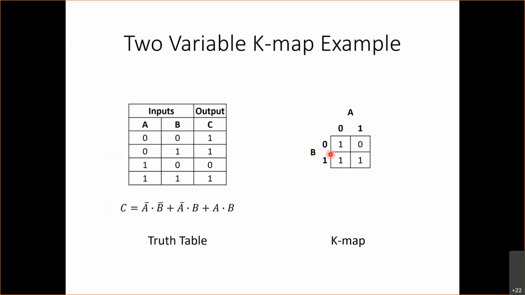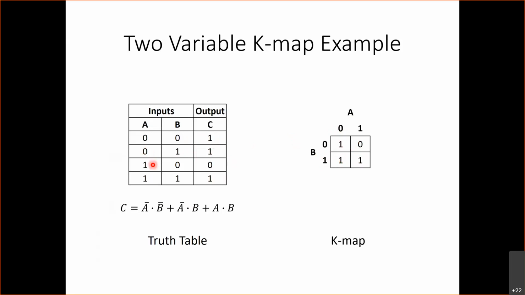And now I'm going to take the values in my truth table and use them to fill out the Karnaugh map. When A is 0 and B is 0, C is 1. So here at 0, 0, C is going to be 1. The value inside the Karnaugh map corresponds to C. When I have 0, 1, I also have 1. So when A is 0 and B is 1, I'm going to have 1 in the Karnaugh map.